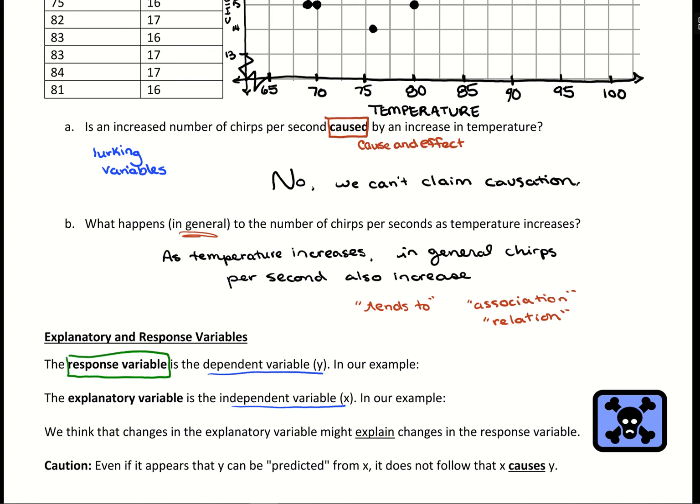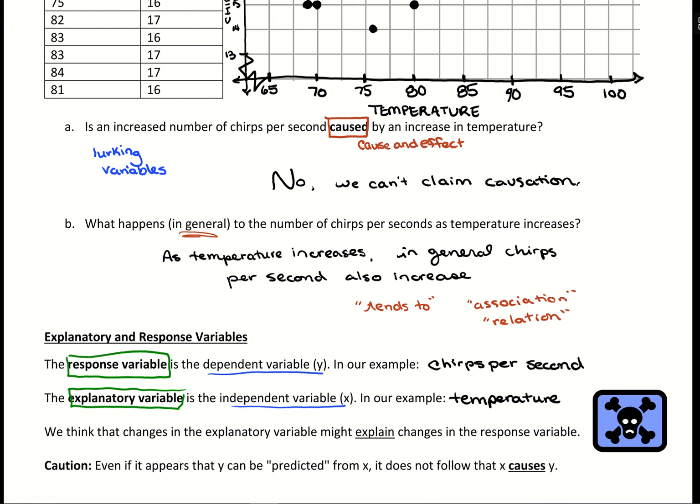So in our example, that would be the chirps per second. And so we're trying to see if those chirps per second are responding to our independent variable, which we call the explanatory variable. It would explain some sort of change. So it's that temperature could explain some change in chirps per second.